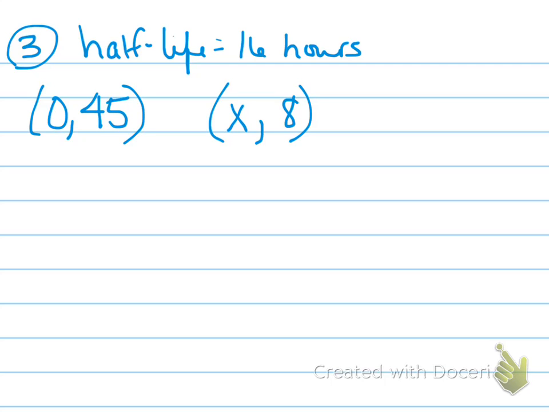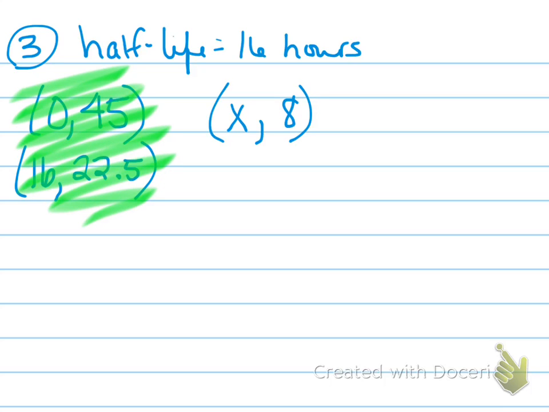Since it has a half-life of 16 hours, then at 16 hours there'll be half of the 45 left, which is 22.5. So I'm going to use this information first to get an equation, and then I'll plug in what we're asked to find in order to actually get my solution.